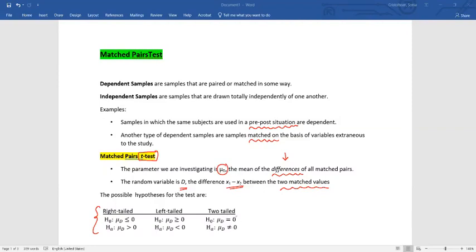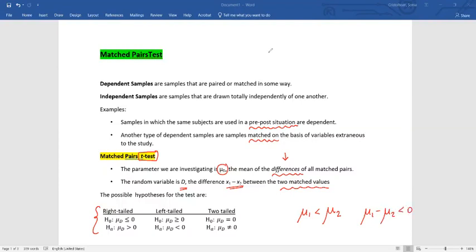Now think of this mu d as the difference of all matched pairs. So let's just give an example right here. If we are comparing mu1 with mu2, and we say mu1 is less than mu2, and we used to do this for testing two means. Now, subtracting mu2 from mu1, we get the difference, and that difference is actually less than 0.